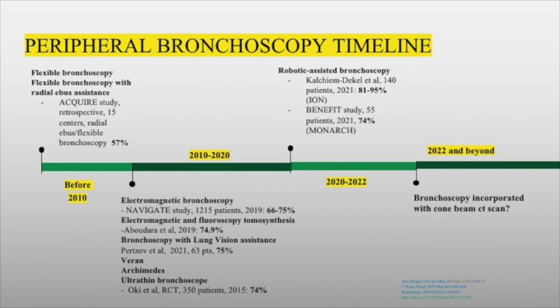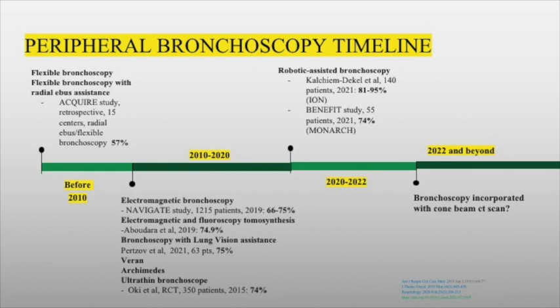The period from 2020 to 2022 has very advanced technology developments, most notably in the field of robotic bronchoscopy. There are two main players in this field. One is the ION by Intuitive, and the second is the MONARCH robotic bronchoscopy by Auris.